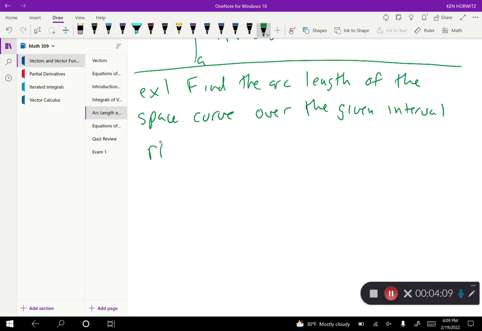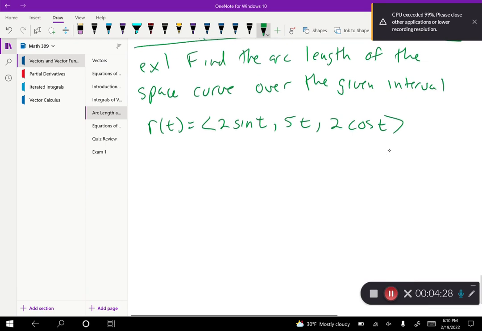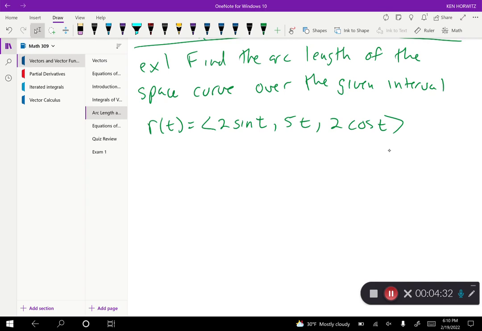So I have my r of t equals 2 sine t, 5t, and 2 cosine t. So how do we find this? Well, the first thing we need is r prime, right? Because how can we get the magnitude if we don't have r prime? So let's start with r prime.